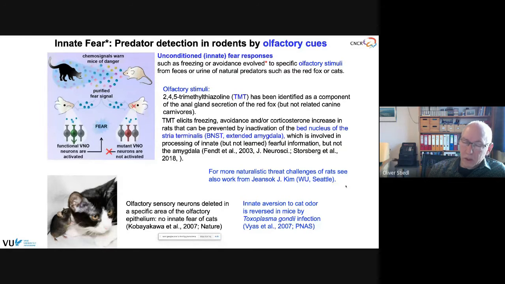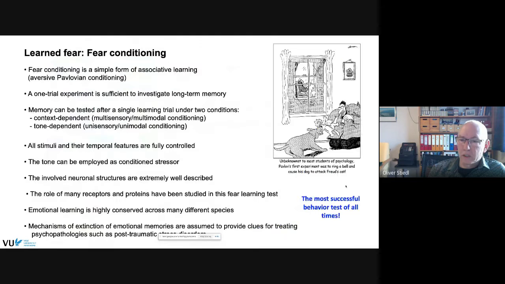But I now will shift over more to fear conditioning, where I have performed many studies, because it's a simple form of associative learning. It's a one-trial experiment that is sufficient to investigate long-term memory. The nice part is that you can, in a single trial, investigate two different forms of memory, context and tone-dependent parts.